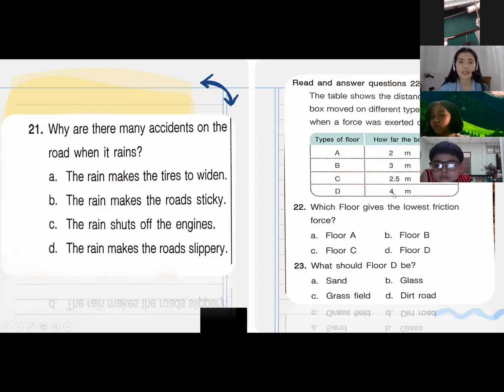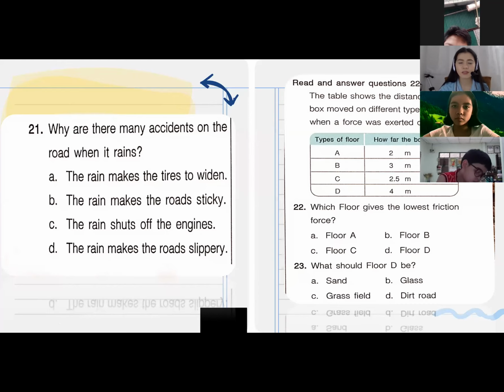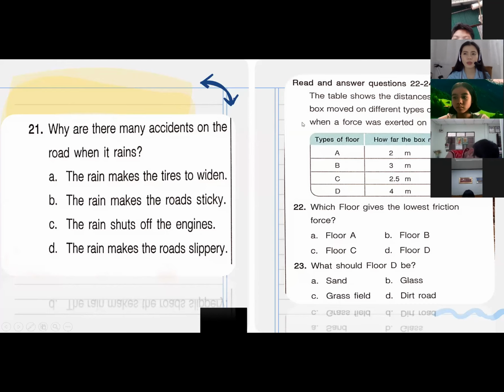Which is the highest number? Is it A, 2, B, 3, C, 2.5, or D, 4? Which is the highest? Okay, 10, 9, 8, 7, 6, 5, 4, 3, 2, and 1.